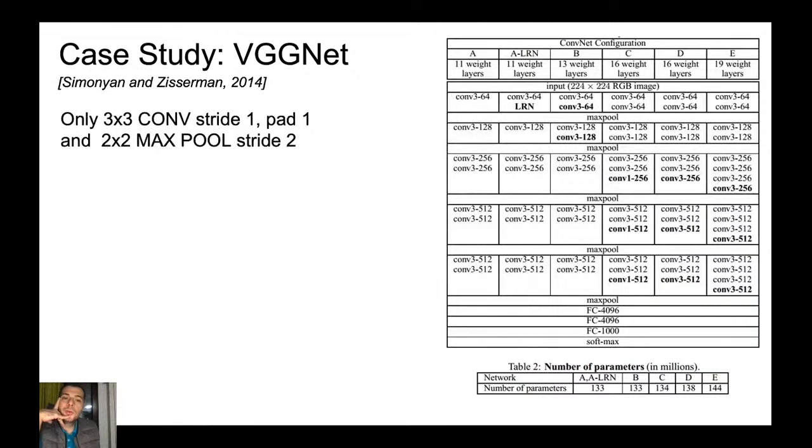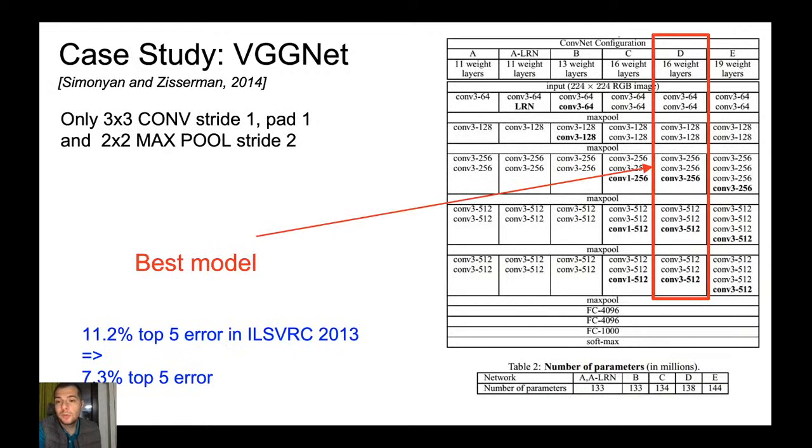And they also decided to reduce the size of the convolutional filters in order to be able to train the model slightly faster. So they use only 3x3 convolutions and 2x2 max pooling. And they tried models from 11 layers to 19 layers.